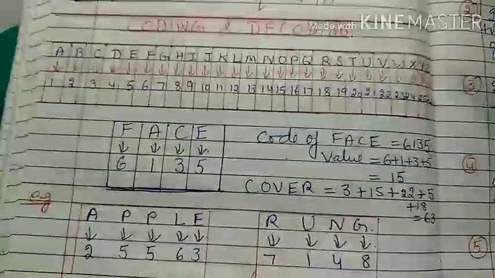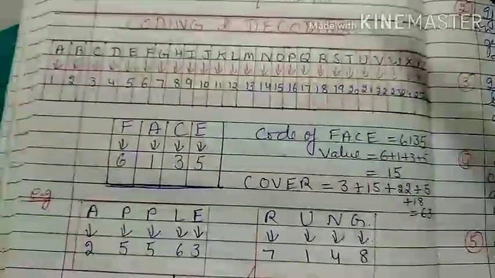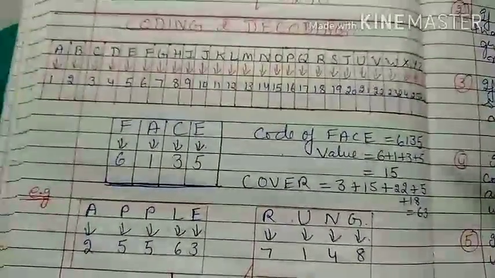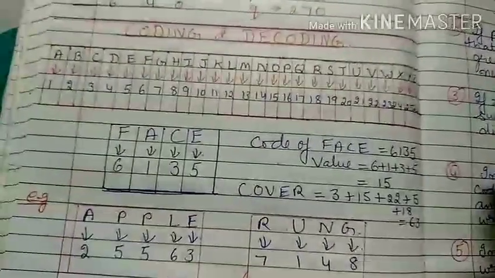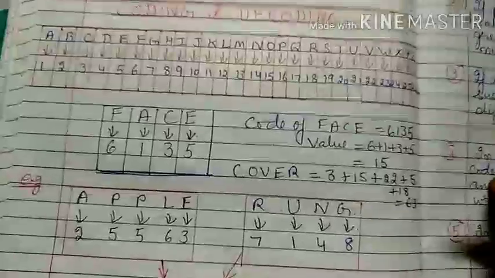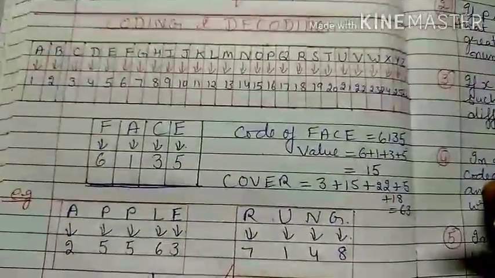Coding means you have to mark a particular sentence or particular word with particular symbols, and that symbol converted back into the original text is called decoding.